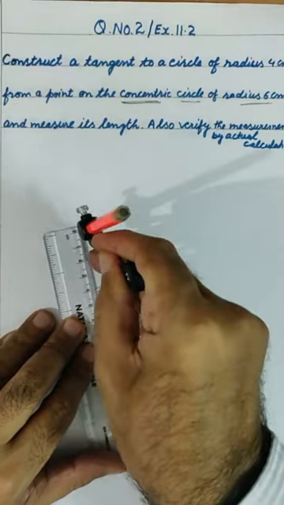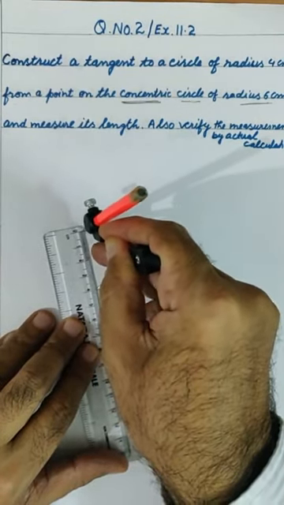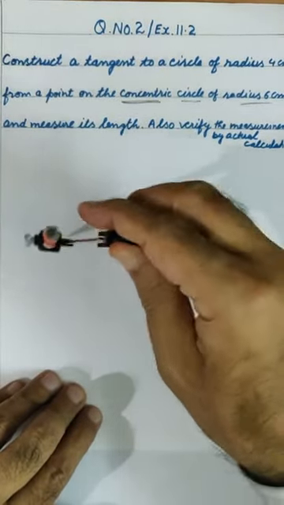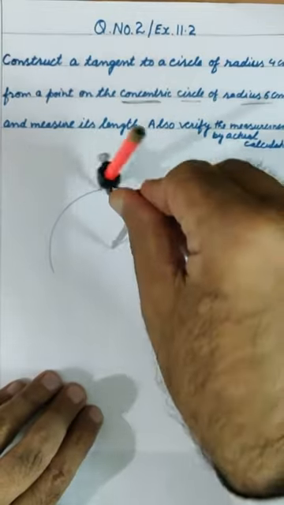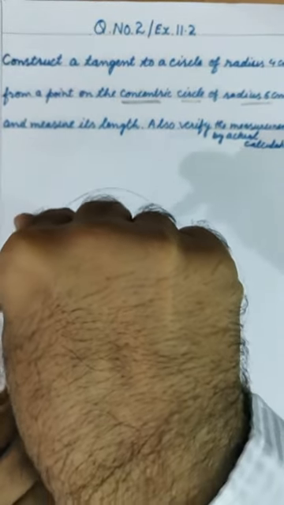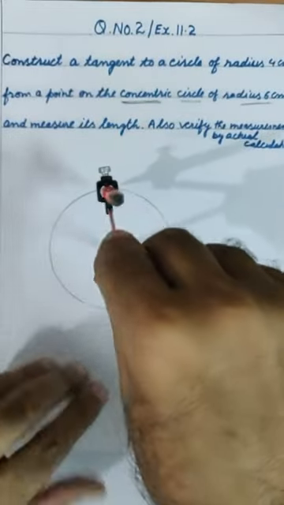We are drawing this circle of radius 4 centimeter. It is the very same concept, my dear students. You please see. First of all, we are drawing this circle of radius 4 centimeter.